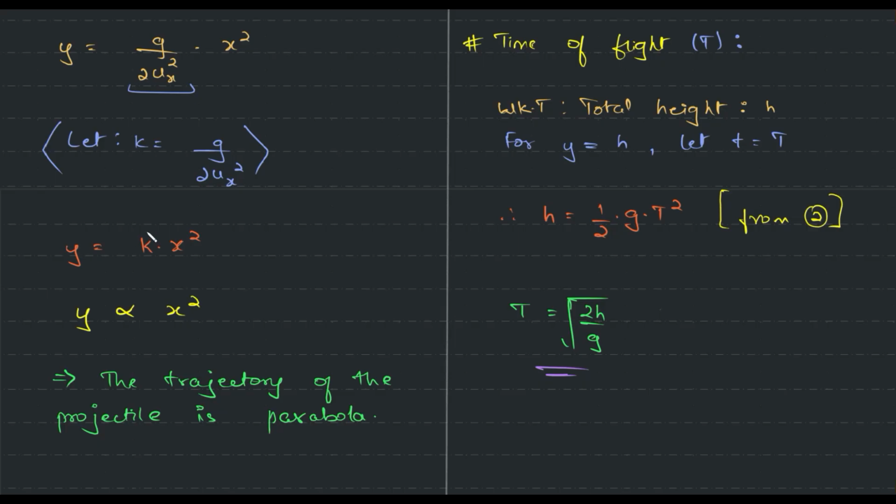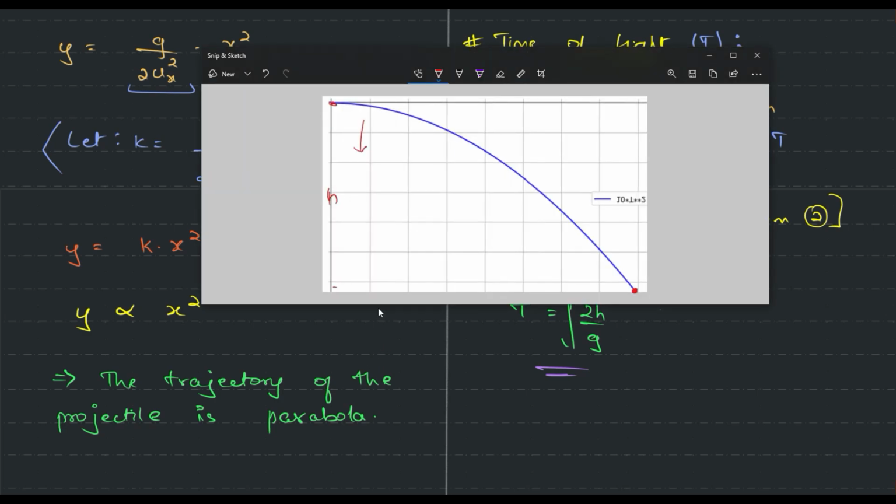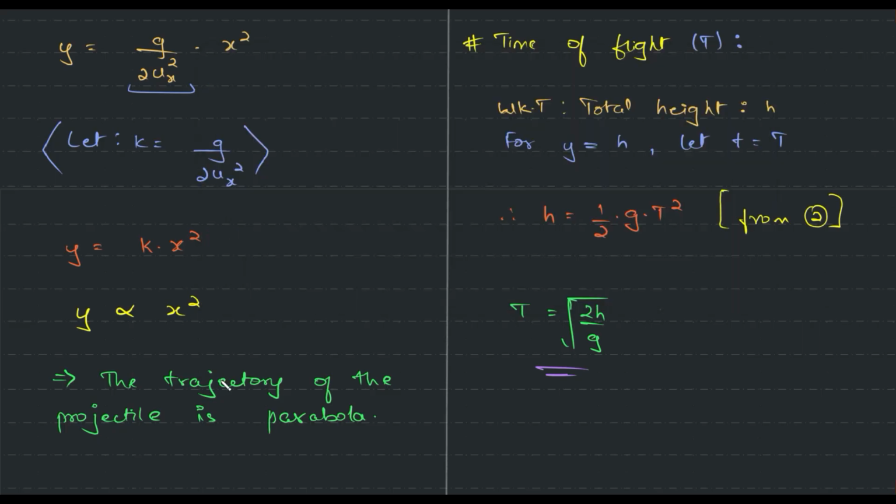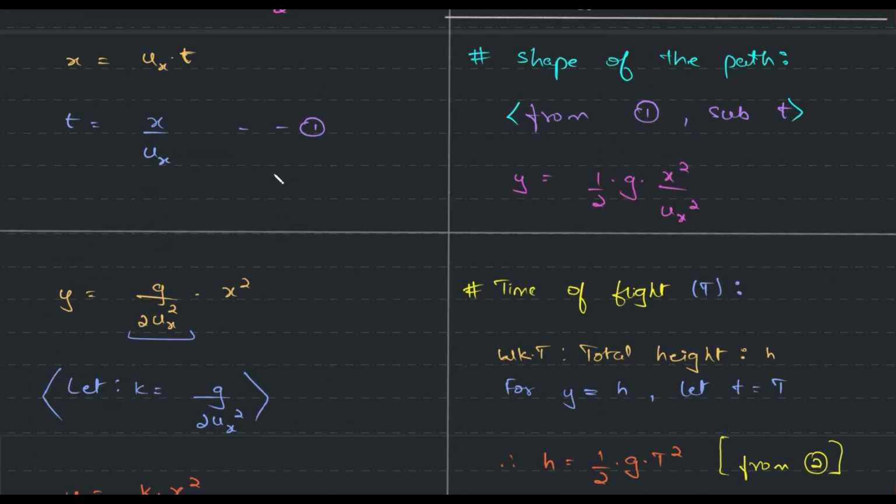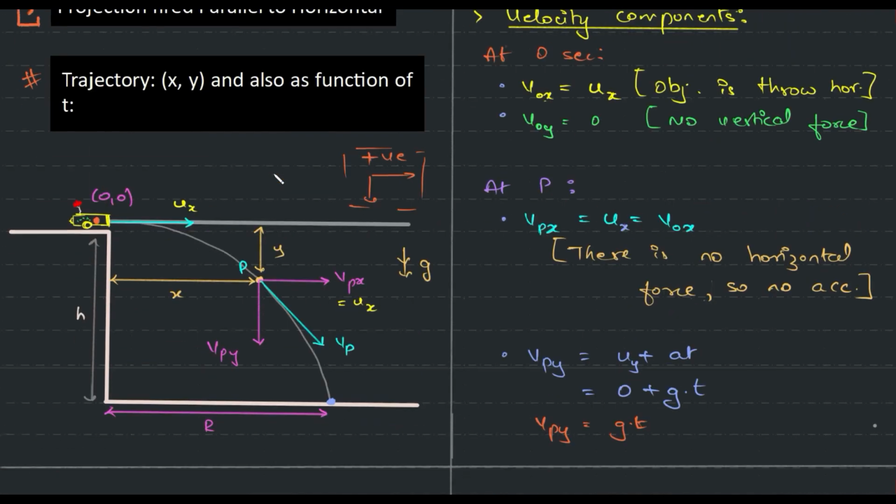Next, we look at R, the distance the particle has flown, from here till here. That's your R. That is known as horizontal range. So we know that the horizontal range will increase with what?